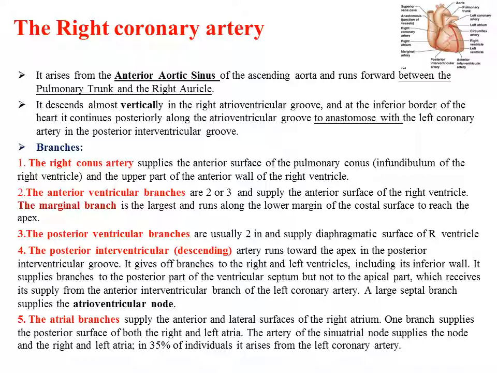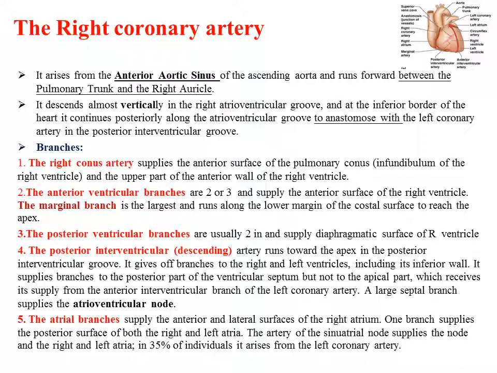It ascends almost vertically in the right atrioventricular groove, and at the inferior border of the heart it continues posteriorly along the posterior atrioventricular groove to anastomose. This anastomosis is not sufficient if one of the big vessels, the right or left, or one of the big branches, is obstructed.